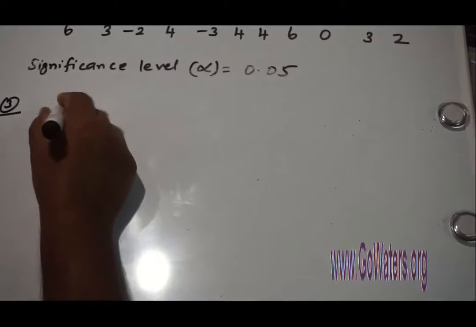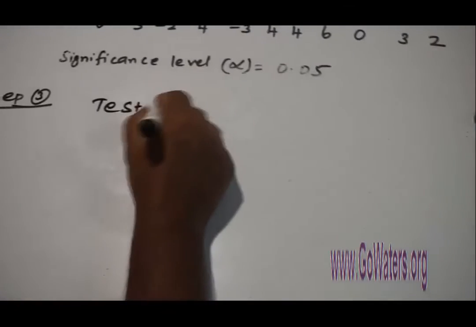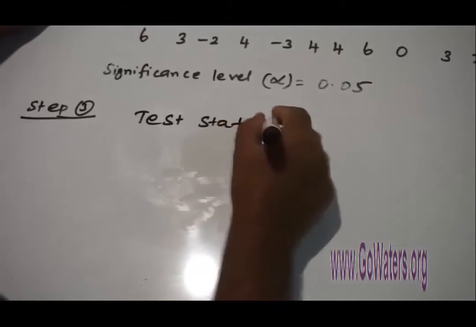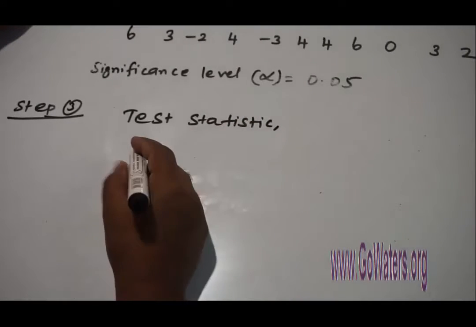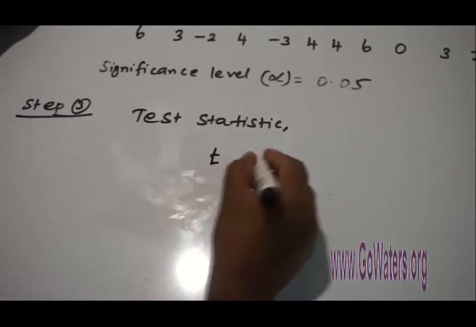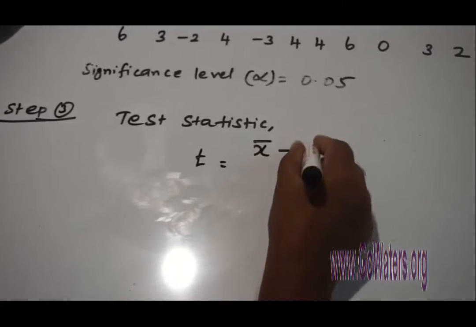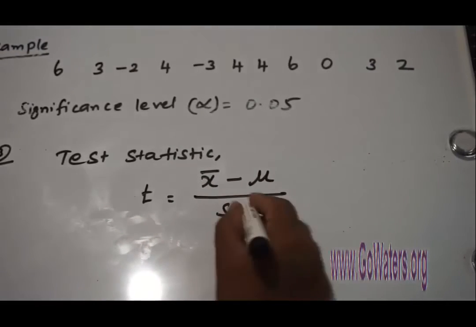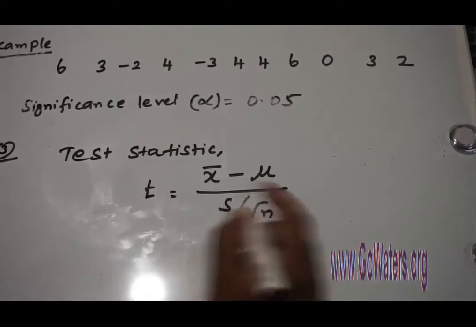So you need to calculate the test statistic. As I said earlier, the test statistic is a formula that you need to calculate. T is equal to x bar minus mu divided by S divided by square root of n. This is the formula.